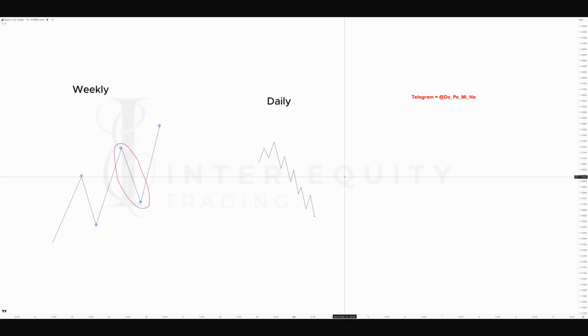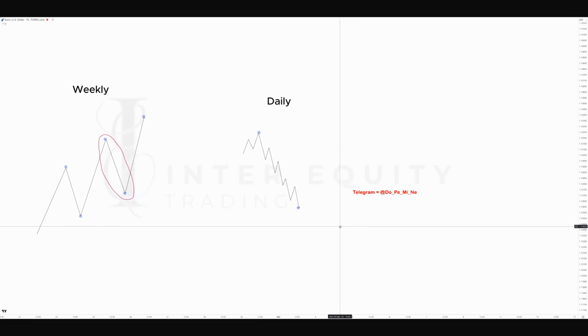Okay, now to understand it better, I'll mark out the weekly high and low on the daily time frame. Okay, so this is the weekly high and this is the weekly low. Okay, so all we know is that price over here is bearish, right? And the general rule is we should be following the higher time frame direction.